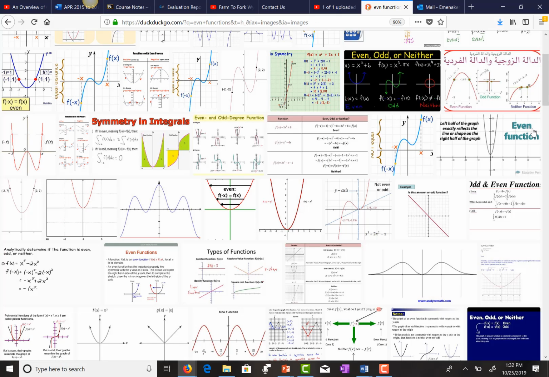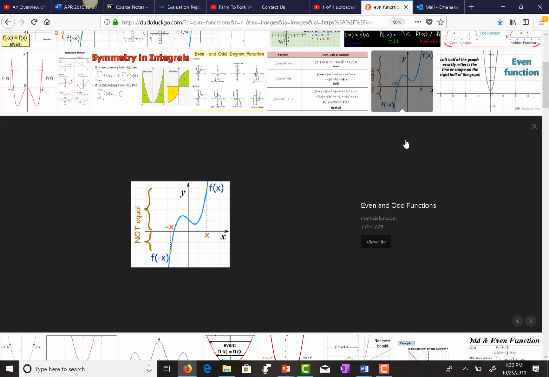Let's do a quick scan. See if we can spot, hey, is this an odd function? Is that one odd? Well, the first thing to look for is, can I drive the nail through the origin? Well, I can, but if I drive a nail through the origin, is it even going to hit the graph? No, so you can't spin it, can you?